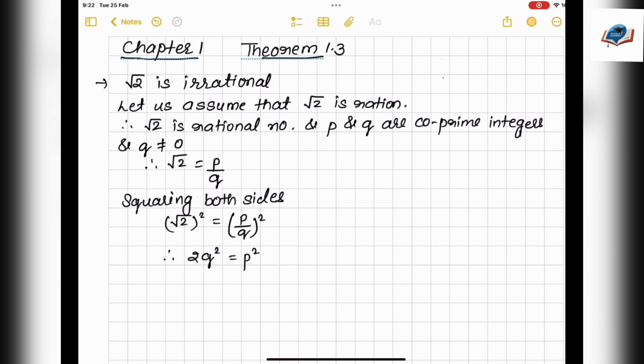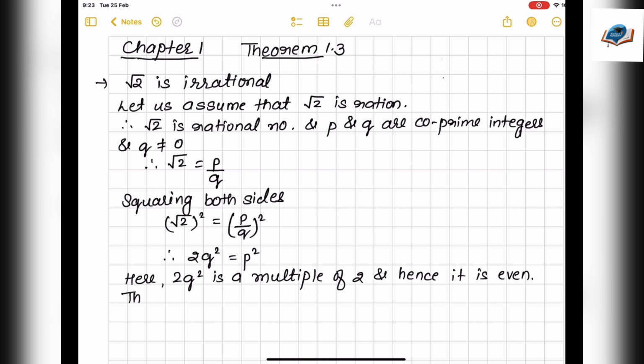Here, 2Q square is a multiple of 2 and hence it is even. Thus, P square is an even number.